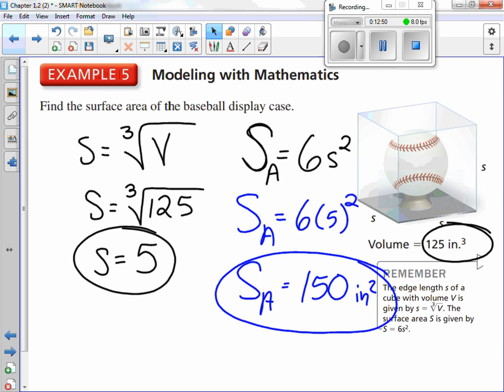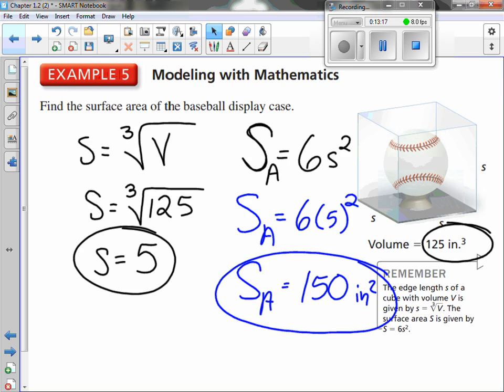I know that's a lot of steps, but really, we took the volume and simplified it using our formula to find the side length. So we did the cubed root of 125, which gave us 5. And then we plugged that into our other formula to find the surface area, 6 times 5 squared, and got 150, which is our surface area.